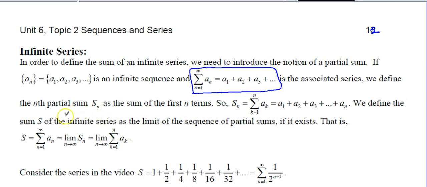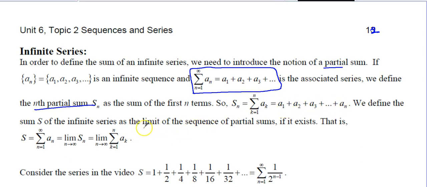Okay, so what is the partial sum? Partial sum means a sum of some terms. The word part means part of the sum. So S sub n is sigma notation 1 through n, the sum of n terms.